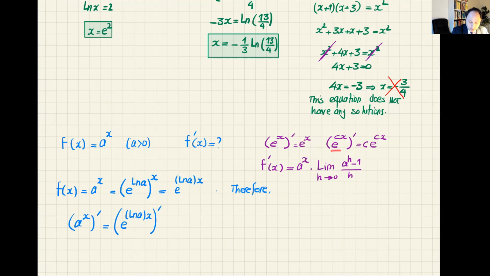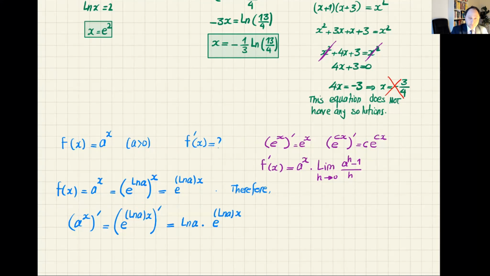Look here, if I have e to power a constant multiplied by x, we already showed that its derivative c goes down, and then I repeat my function. So I will do the same thing, but here, this ln of a is playing the role of the constant c, yes? So this c goes down, ln of a goes down, then I have to repeat the same function in front.